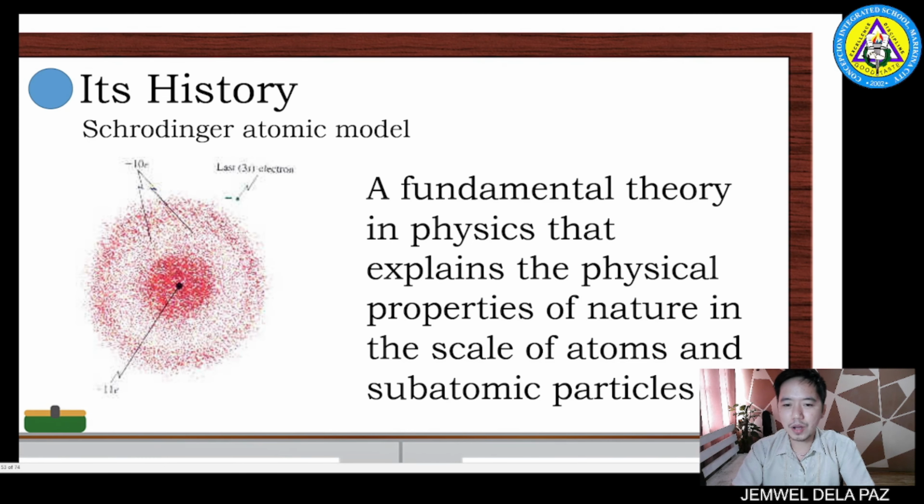This atomic model of Schrödinger is based on the principle of quantum mechanics. Quantum mechanics is a fundamental theory in physics that explains the physical properties of nature at the scale of atoms and subatomic particles.